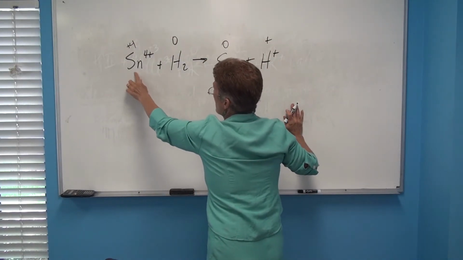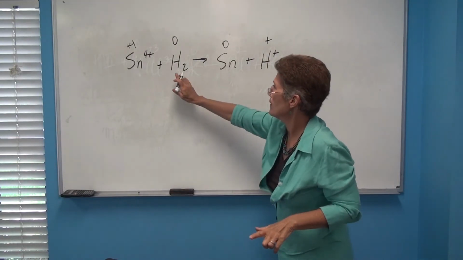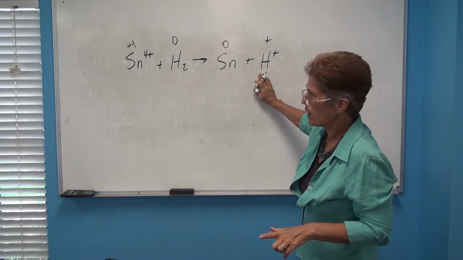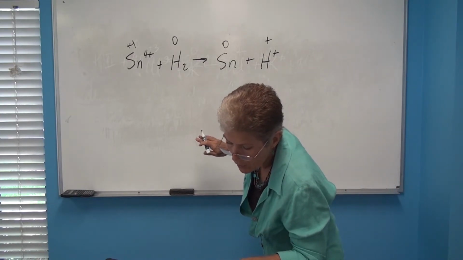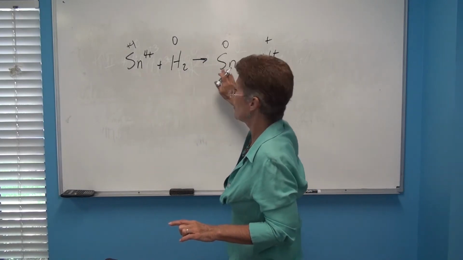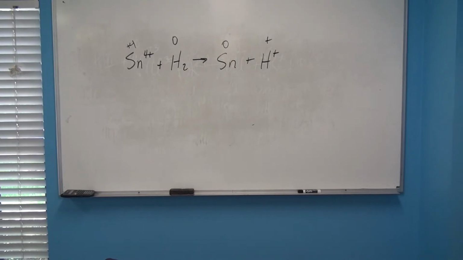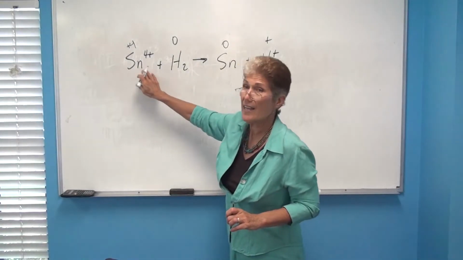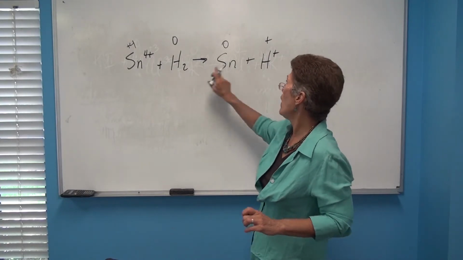So this guy has to be giving 4 electrons away. This guy is receiving 4 electrons, but this guy's only giving away 1 electron.